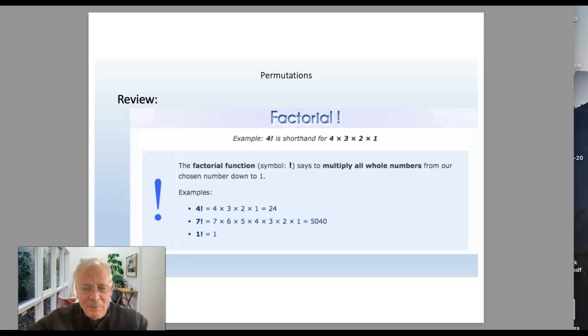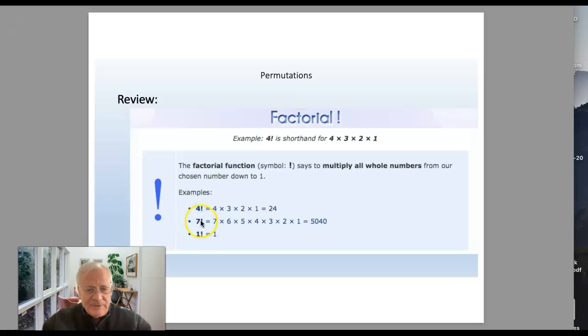Just to review, guys, remember we talked about a factorial. We talked about it yesterday. 4 factorial, 4 with an exclamation point, is shorthand for 4 times 3 times 2 times 1. That's what it means. The factorial function, this exclamation point, says to multiply all the whole numbers from the chosen number all the way down to 1.